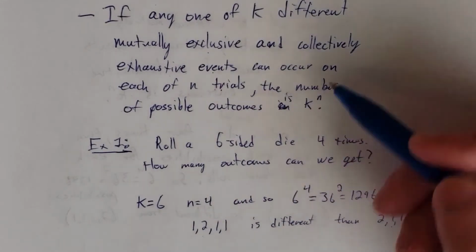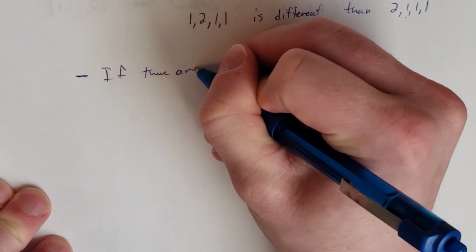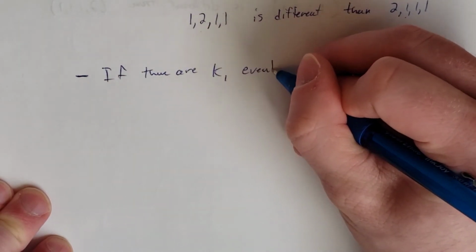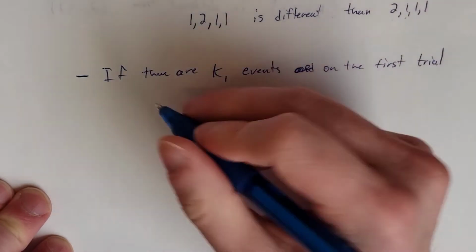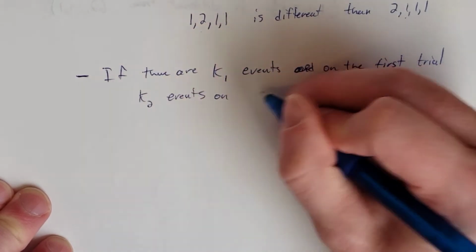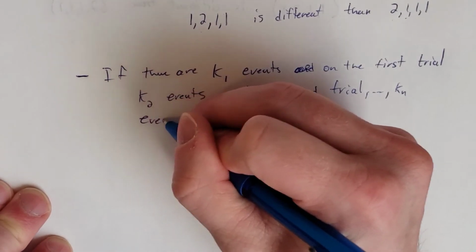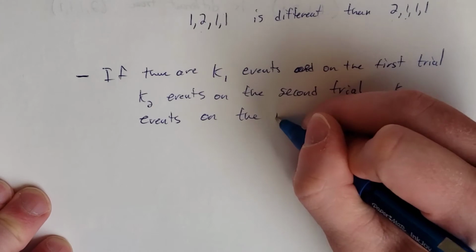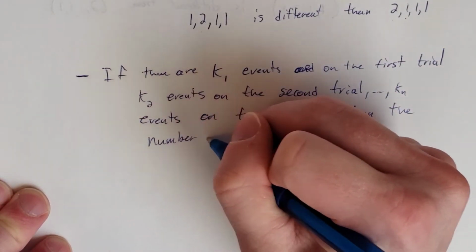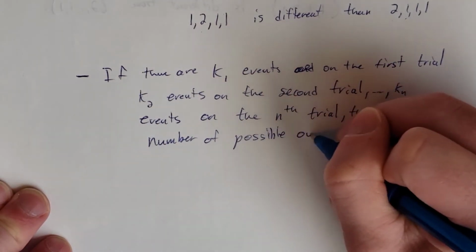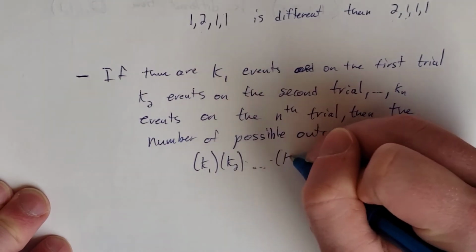So let's take a look at our second rule. This was our first rule up here. The second rule is that if there are k sub 1 events on the first trial, k sub 2 events on the second trial, all the way up to k sub n events on the nth trial, then the number of possible outcomes is k sub 1 times k sub 2 times everything all the way up to k sub n.